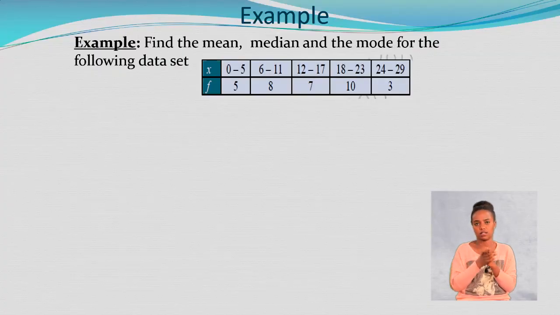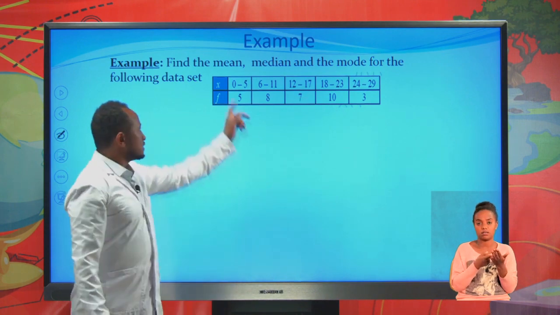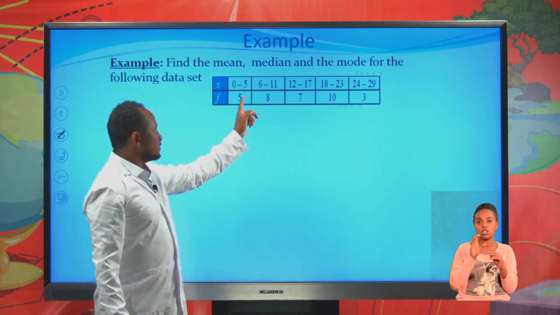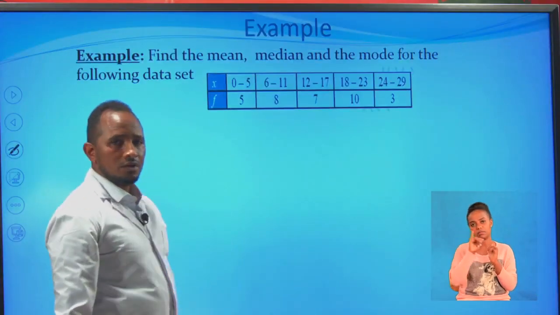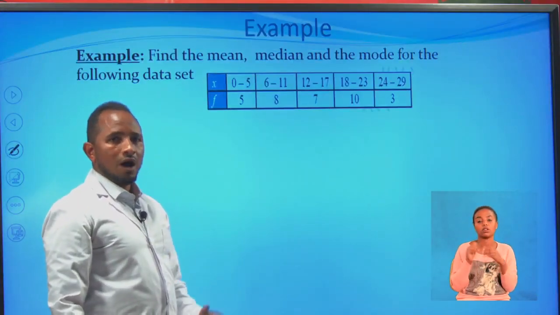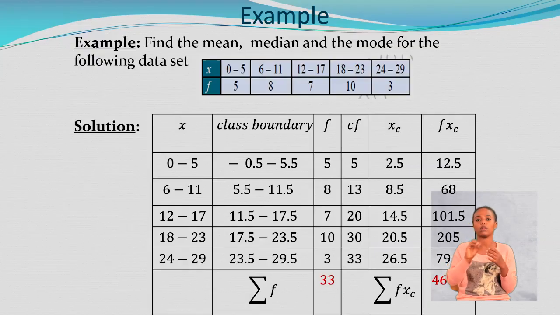Now let's see an example for this data set. This data set is given: first class from 0 to 5 is 5, 6 to 11 is 8, and so on. We need to find the median, mean, and mode for this data set.